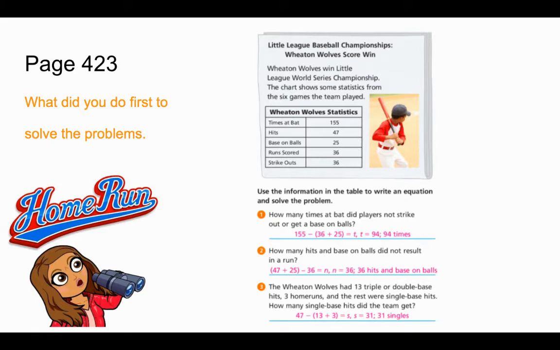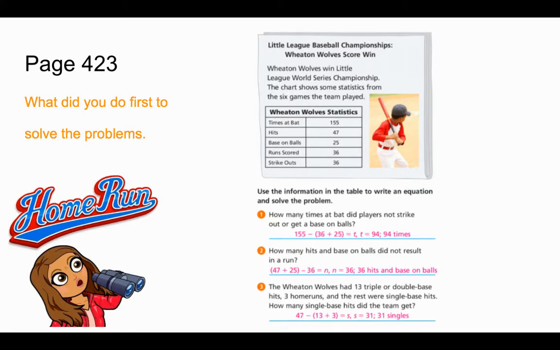Base on balls was 25, and the times that they struck out was 36. So if we add 36 and 25 and then subtract it from 155, we will find out how many times they were at bat and they didn't strike out or get a base on balls, and that was 94.